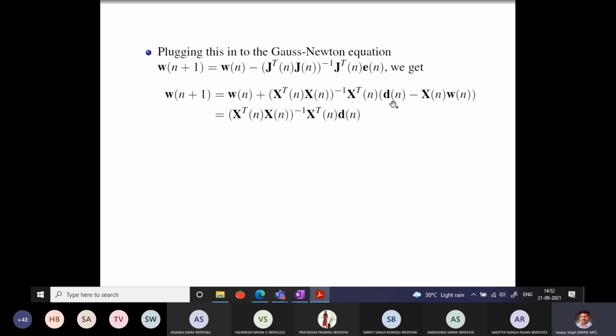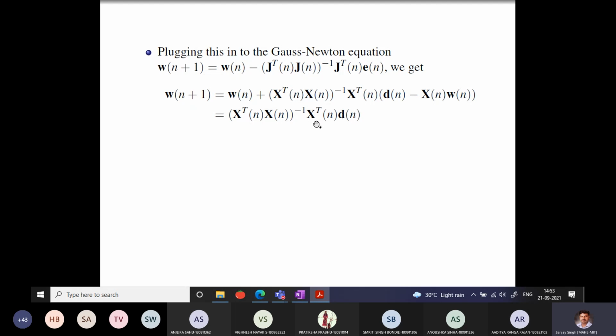You open this bracket, so d n will be there as it is. When I multiply this entire thing with this one, it becomes x t x n inverse x t x n and w n. Because of this and this, the inverse will go. What is remaining is minus w n. This minus w n and this plus w n will cancel. What is left? Only this one.